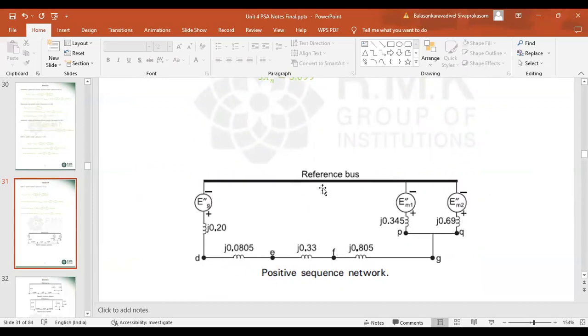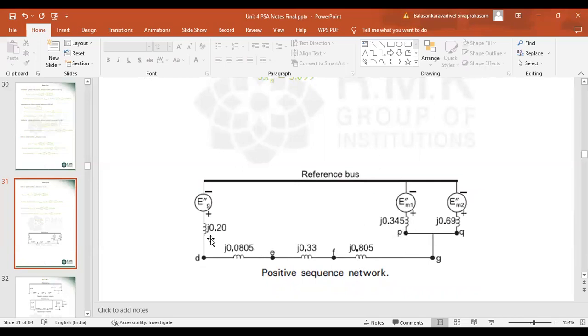Here, this is the reference bus. From the reference bus, initially the generator will be connected, the generator source and its reactance. Whatever sequence reactance value we have calculated, that is Xg1, we have to substitute here. Similarly, after the generator, there will be transformer T1, then the transmission line, then transformer T2, then motor 1, motor 2. Since all the values are already calculated, you have to draw the positive sequence network diagram.